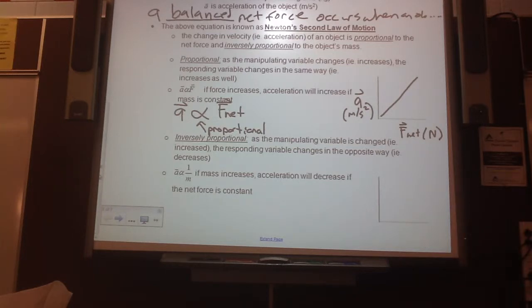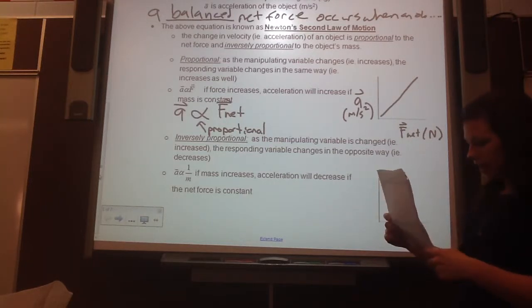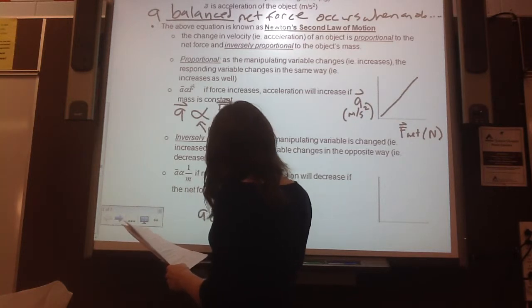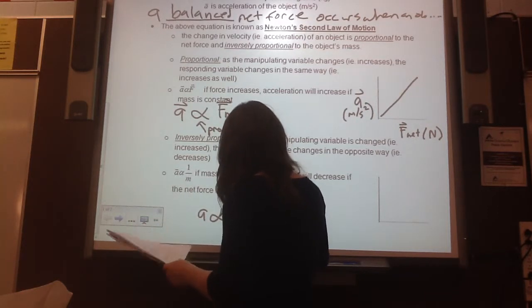Now, inversely proportional. As the manipulated variable is changed, the responding variable changes in the opposite way. So A is proportional to 1 divided by the mass. We can write this as A is proportional to 1 over mass.